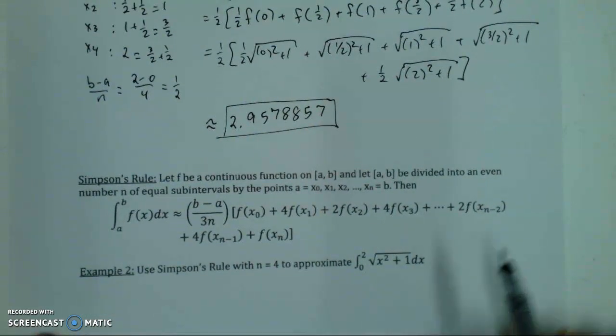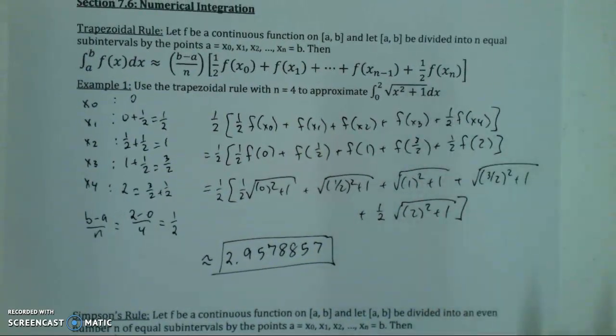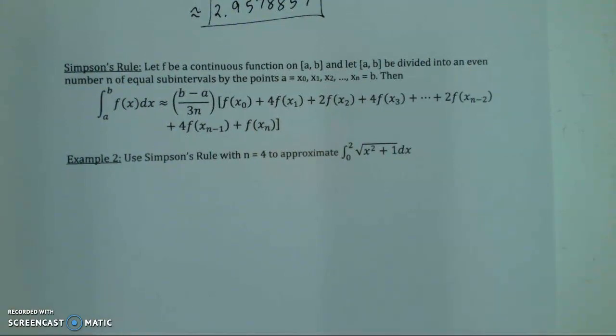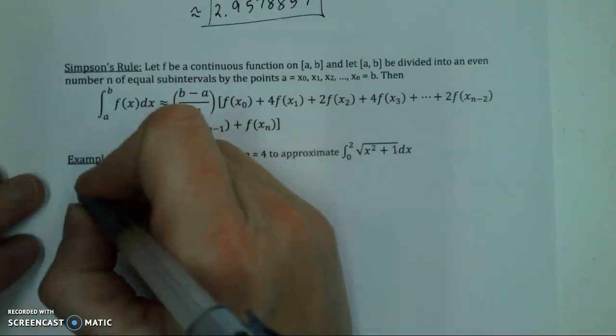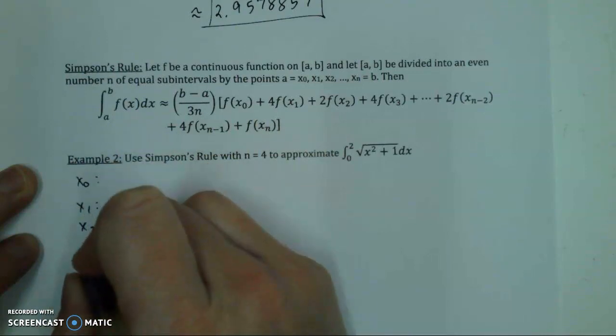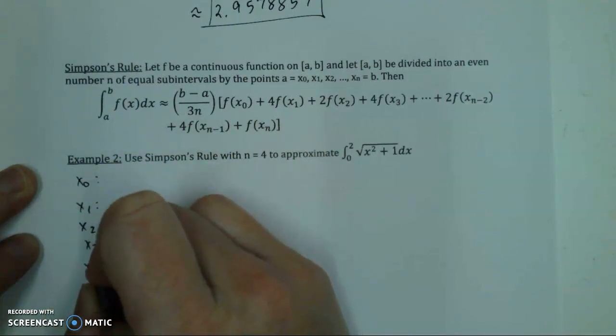Now our example, this is actually the exact same problem we just did with the trapezoidal rule. So now we're going to do it again with Simpson's rule, and we'll be able to compare our answers. Now the way we're going to set up our subintervals is exactly the same as we did for the previous type of problem.